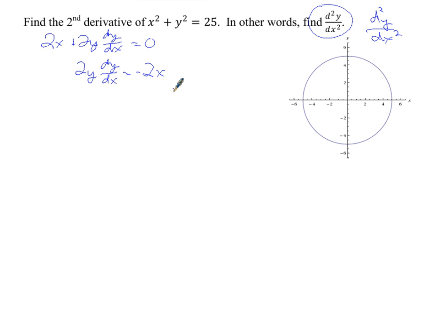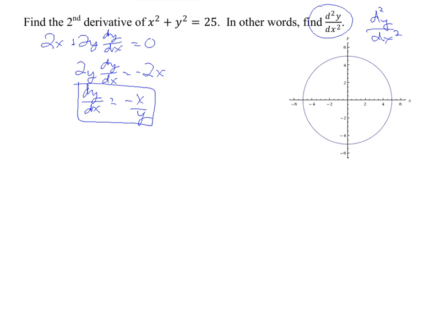Now I can divide both sides by the 2y. And I get dy over dx equals negative 2x over 2y, which reduces down to just negative x over y. Okay. So that's the first derivative, and I'm going to put a box around it because it's important.